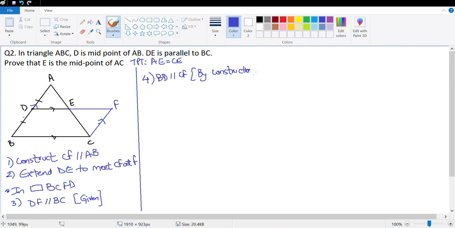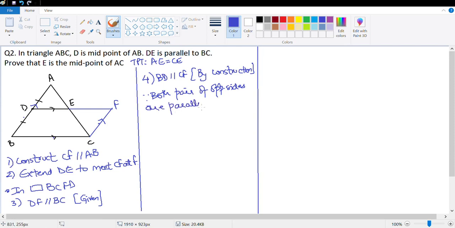So we've done this construction, which means these two sides are parallel, which means if both pairs of opposite sides are parallel, then what does it make this figure? Yes, it becomes a parallelogram, since both pairs of opposite sides are parallel. Therefore, BCFD is a parallelogram. So this is my number 5.